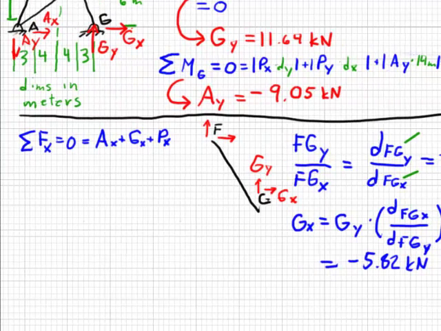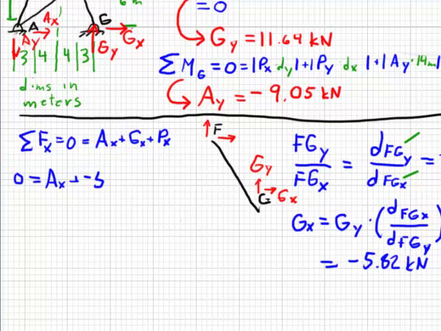Now I can take this value and bring it back over here to my forces in the x. So 0 equals Ax, which we don't know, plus Gx, which we just determined, plus Px, which is 9.66 kilonewtons.